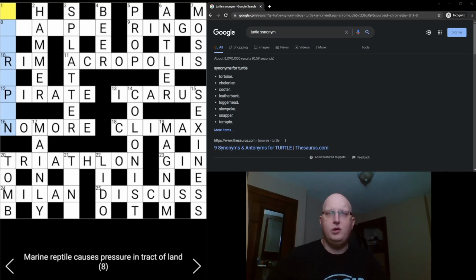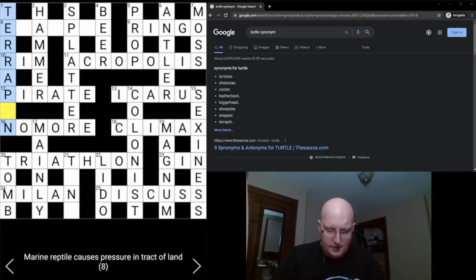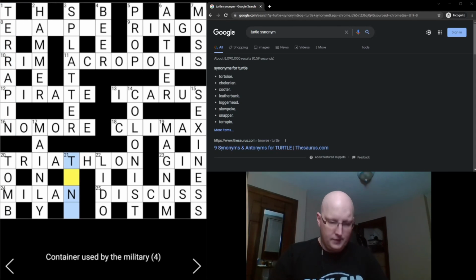I've heard it before. I know roughly what it is, but it's got to be terrapin. So terra, obviously, is tracts of land. And pin is to put pressure on.